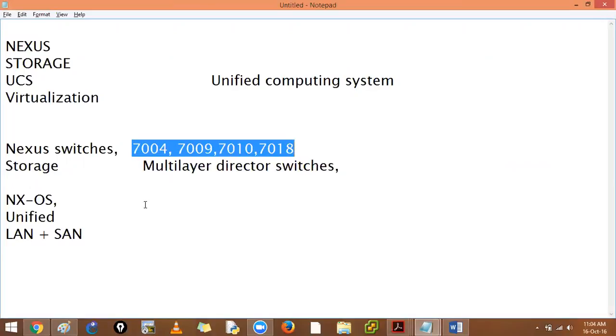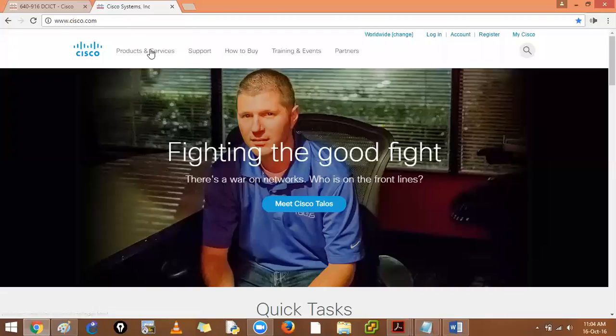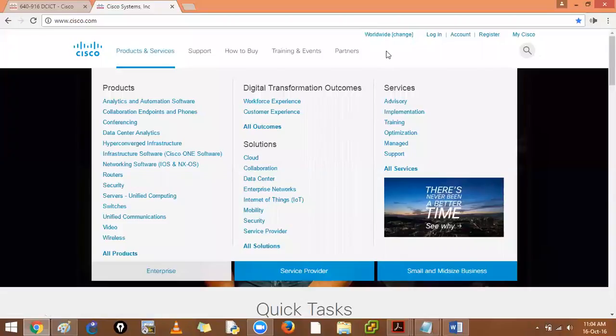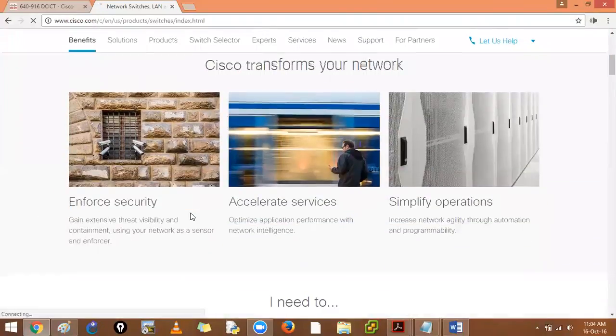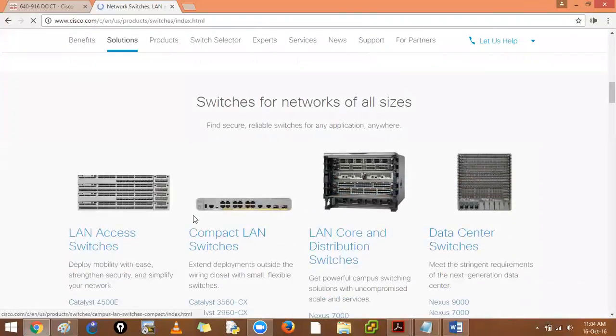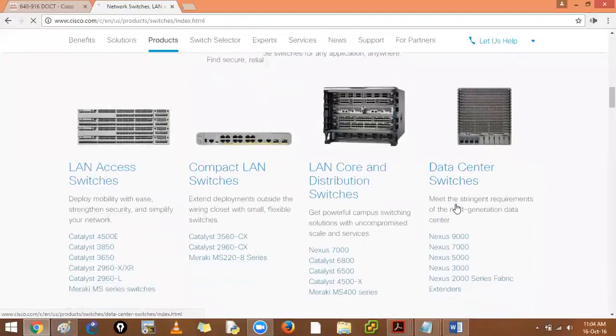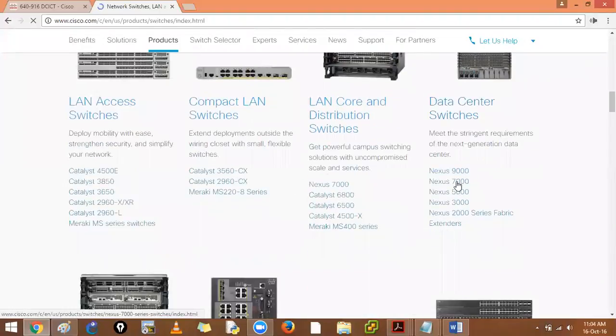But let us see what Cisco has for 7000 series switches. Under products and services, here you can go to switches. See, Cisco has a very nice architecture for you to learn also. If you want to learn a technology, you can see the product on a technology basis, and they will also teach you how to configure. If we are talking about data center devices, we are talking about 7000.